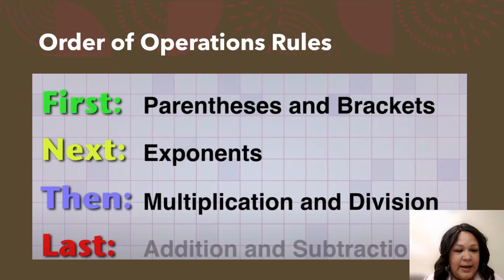All right, and next, what is our next step? Okay, Jaden, and that would be exponents. Good job. And Luther, what do we do then? Okay, wonderful. And Alicia, that's right, addition and subtraction.